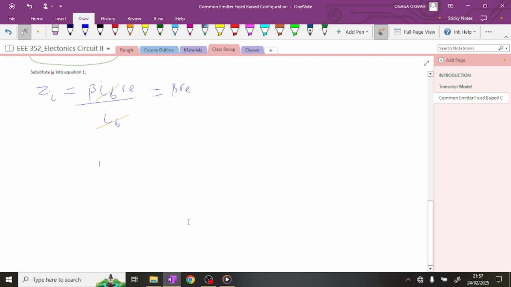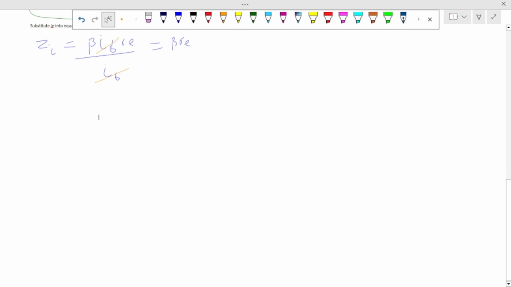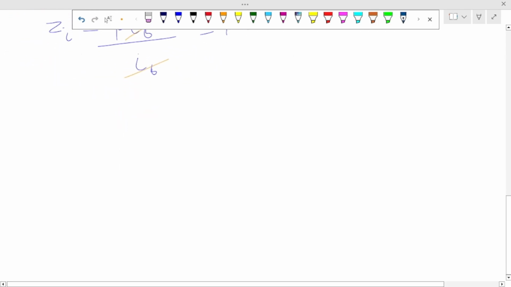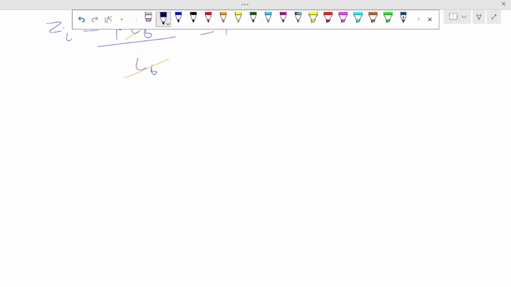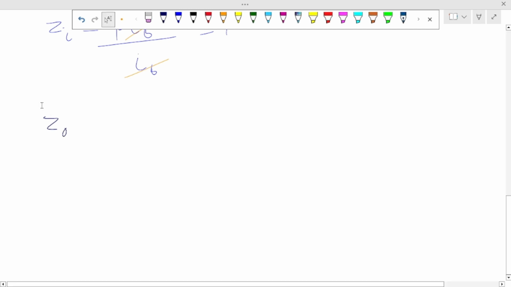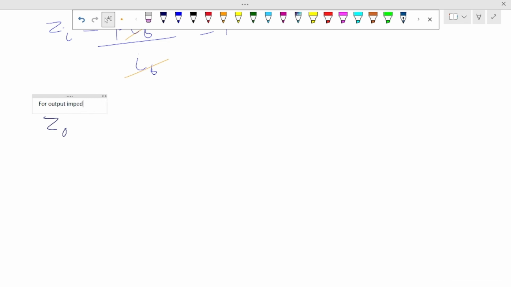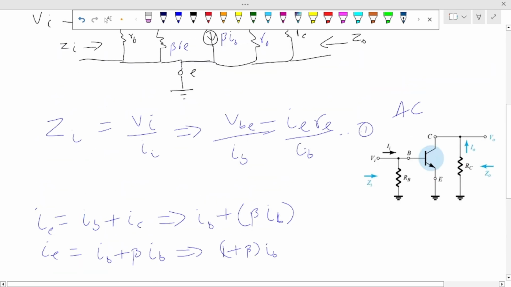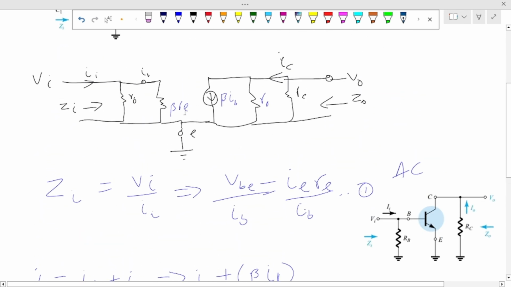So let's go. The first thing to do: we already have our input impedance, so let's get our output impedance. Back to the diagram, this is what we are working with now.